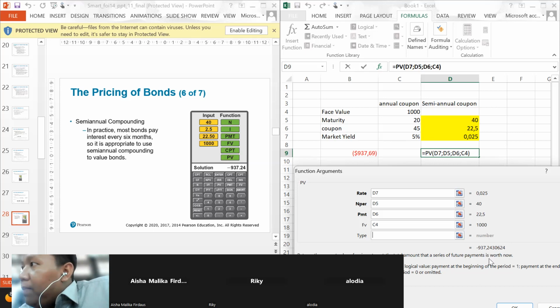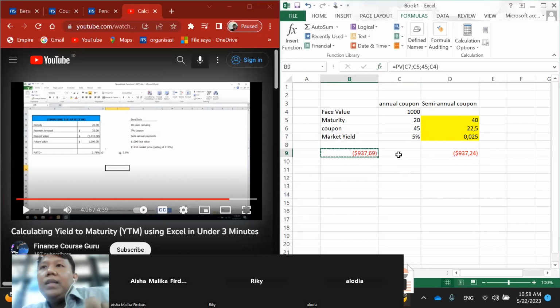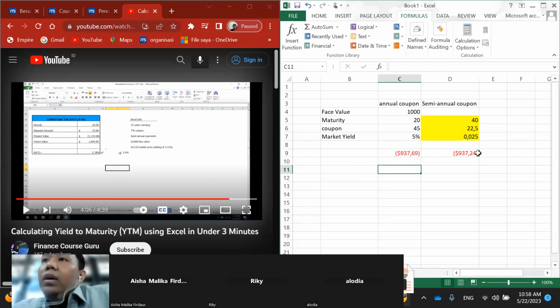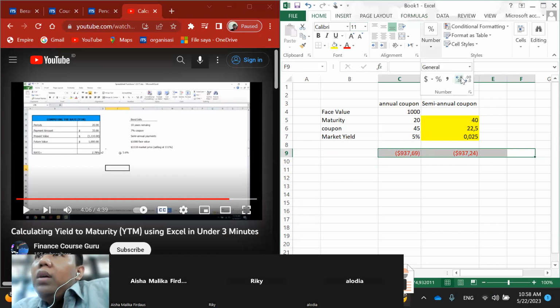This is the price that we buy at. It's 937.2430 US dollar. Okay, let's try to compare between these two prices. You see here that the bond with longer maturity has a higher price than the bond with shorter maturity.